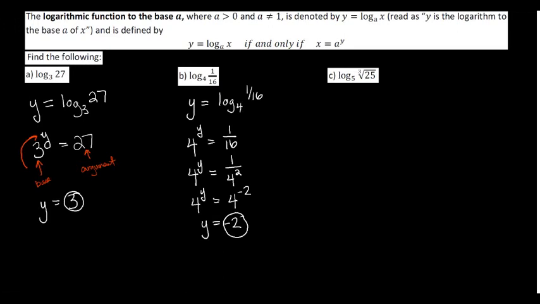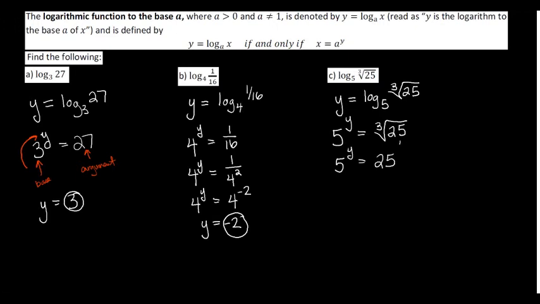Over here, if we take y equals log base 5 of the cube root of 25, we can rewrite that as 5 to the y equals the cube root of 25. Using the cube root as a rational exponent, we get 25 to the 1/3 power.